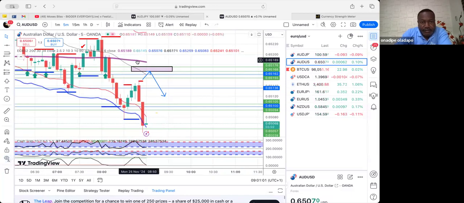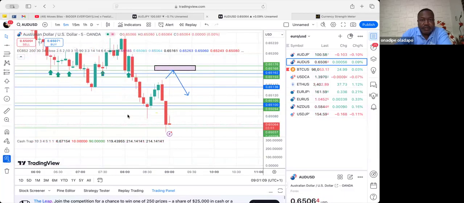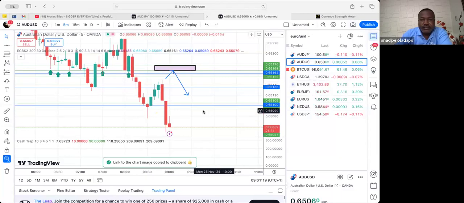But if this purple line keeps moving down, then you have to abort the area. I'll give you more information on the charts, but let me just put it on the charts so that you can see the other area that is also possible, which is this 94 to 105.